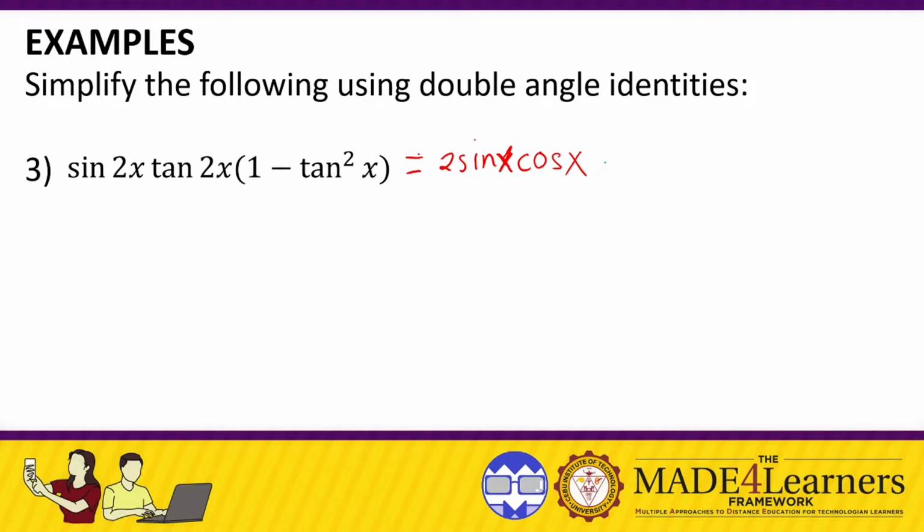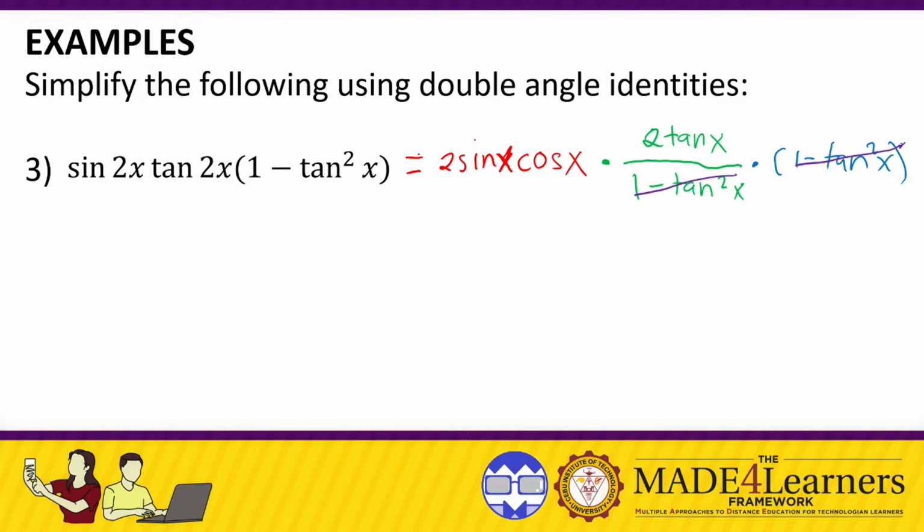And for tan 2x, we know that this is 2 tan x over 1 minus tan squared x. Then lastly we have times 1 minus tan squared x. Let's observe if we can cancel out anything. We can actually cancel out the binomial 1 minus tan squared x.